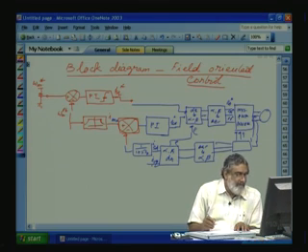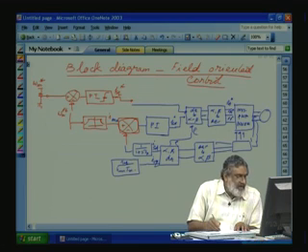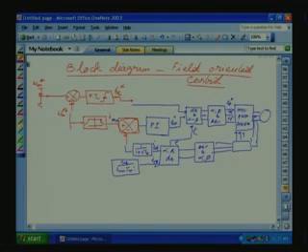We know the equation: ISQ divided by IMR tau, you will get the slip. This slip, you use a tacho for the machine.